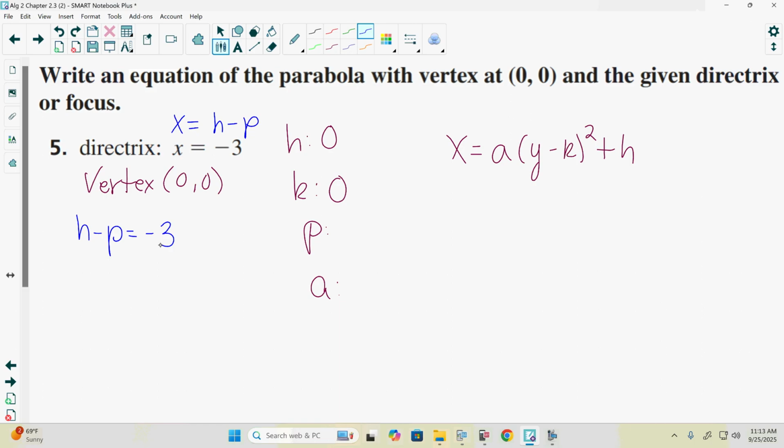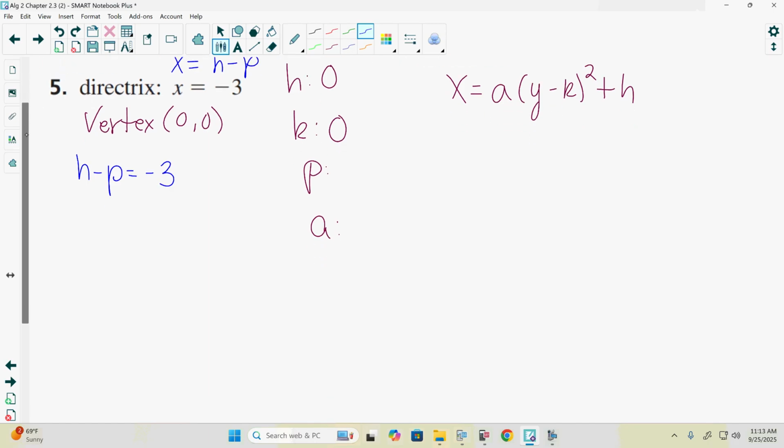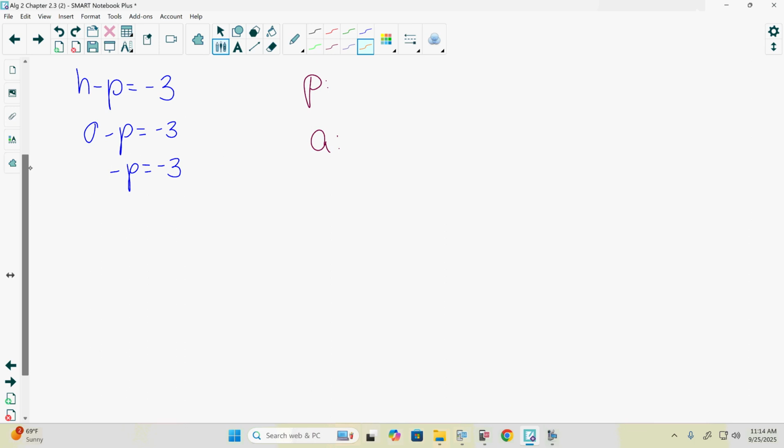So the directrix h minus p would be -3. So we can plug 0 in for h. 0 minus p is -3. Really, we're saying that -p is equal to -3.